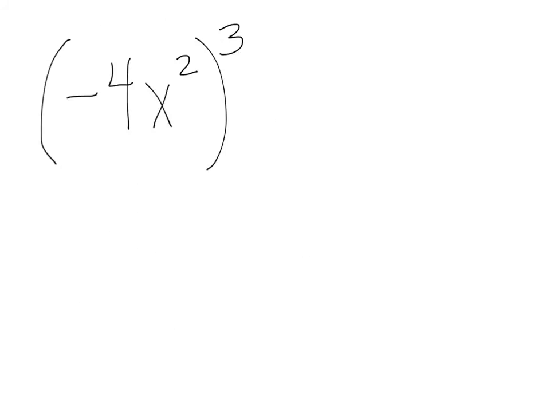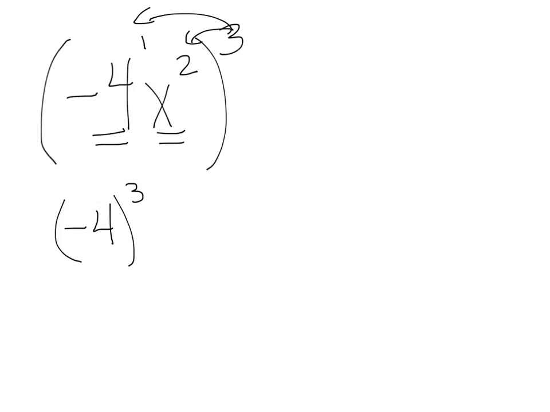And one last one. Now, we've got a negative number with an exponent of 1 inside the parentheses, and we've got an x. So now I need to multiply that outside power. And so this is going to be negative 4 to the 3rd power. That negative sign goes with that 4, and then this is going to be x to the 6th.